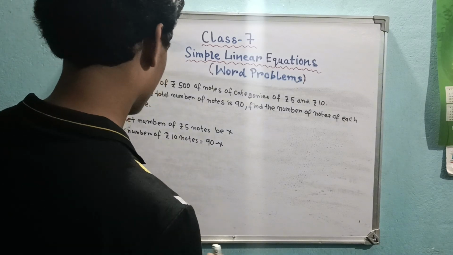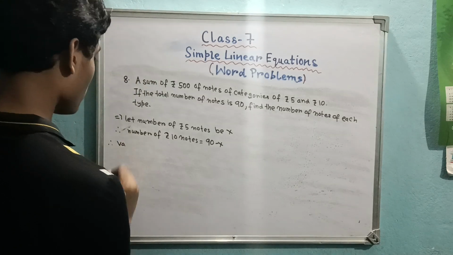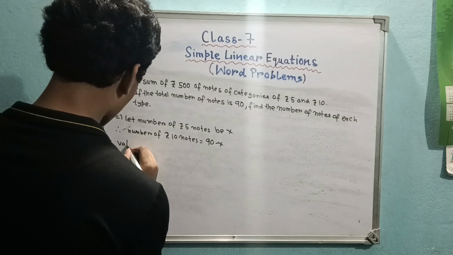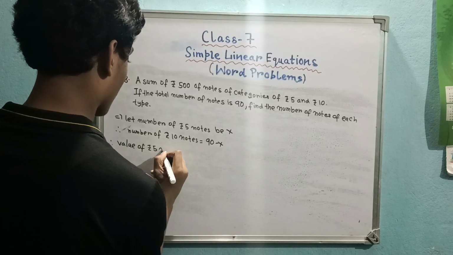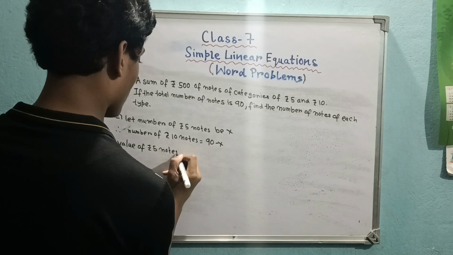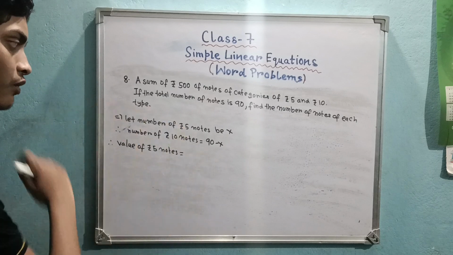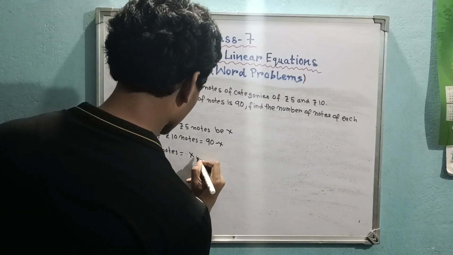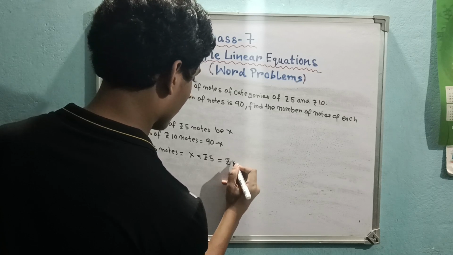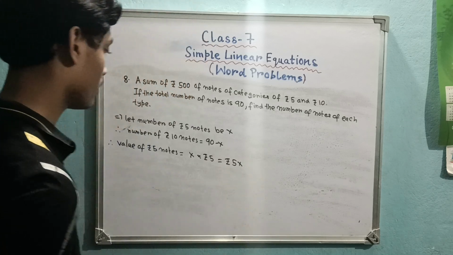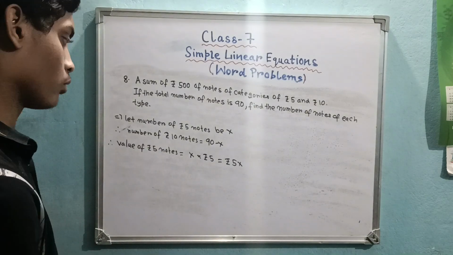Now what? Values. The value of rupees 5 notes: each note is rupees 5, therefore x notes will be x into rupees 5, equal to rupees 5x. This is the total value made up of rupees 5 notes.